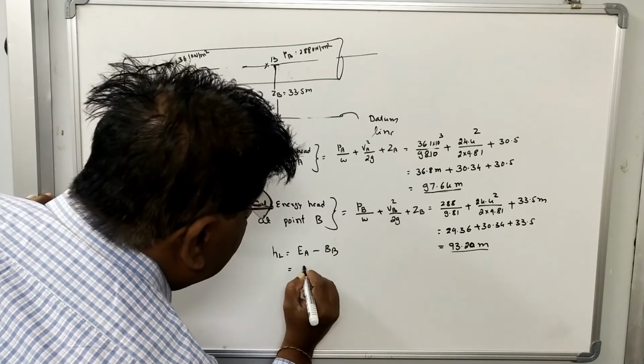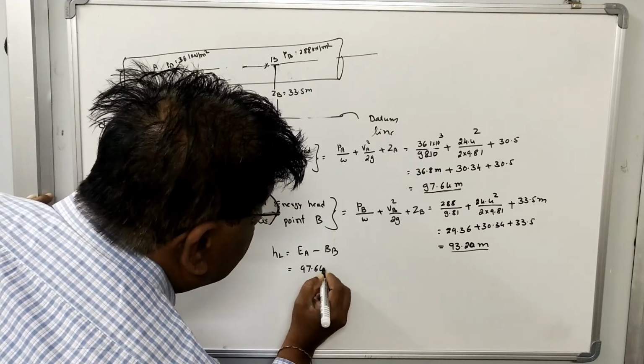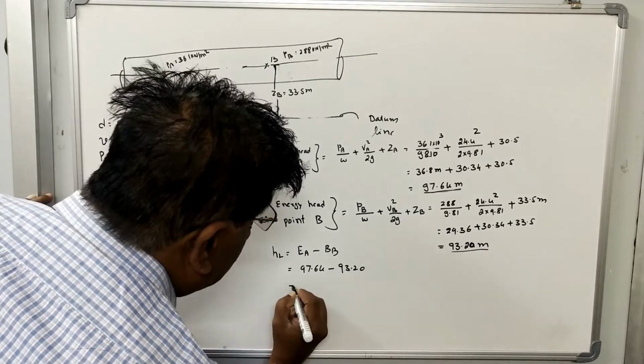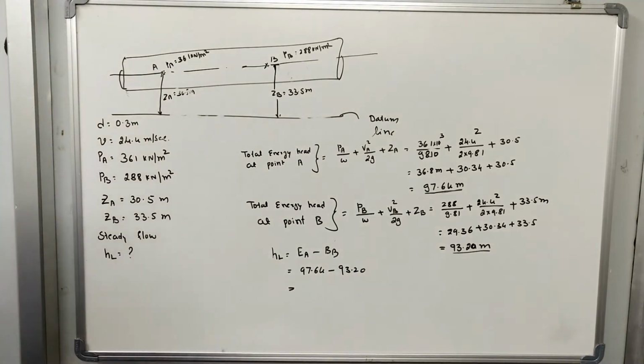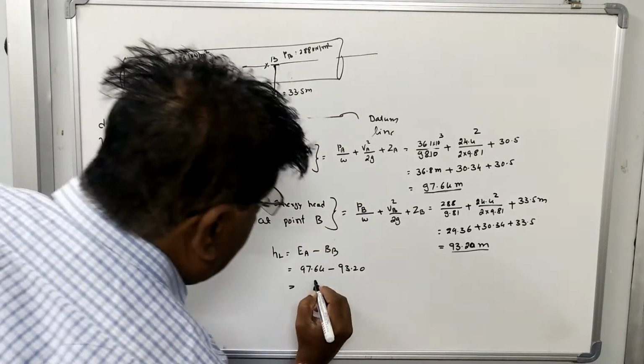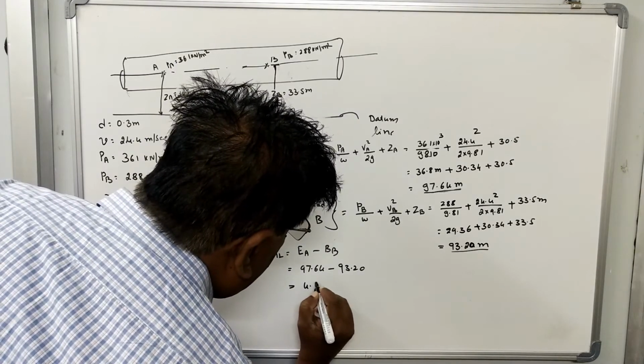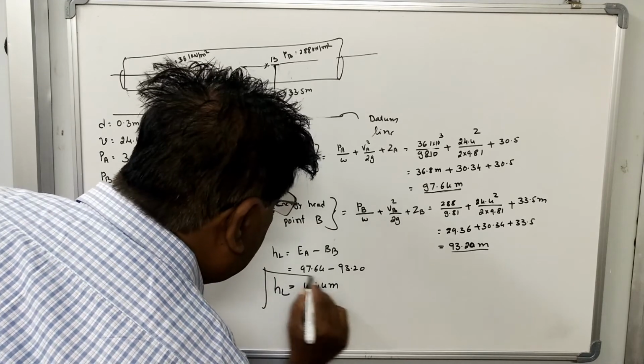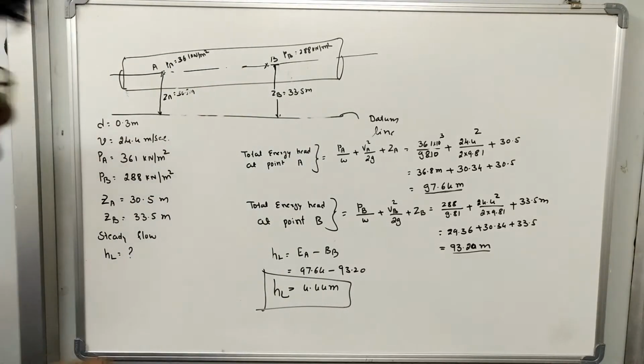EA is 97.64 minus 93.2. So, this is 4.44 meter. So, this is the answer. HL is equal to 4.44 meter.